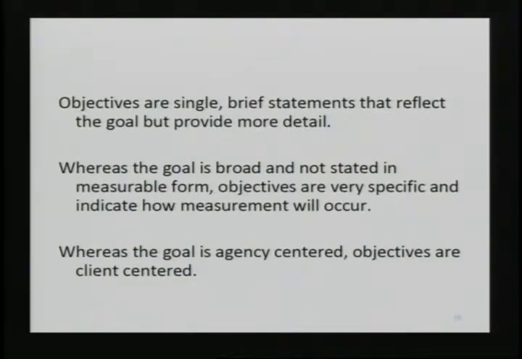Objectives are single, brief statements that reflect the goal but provide more detail. Whereas the goal is broad and not stated in measurable form, objectives are very specific and indicate how measurement will occur. And another important point is that whereas the goal is agency-centered, objectives are client-centered.